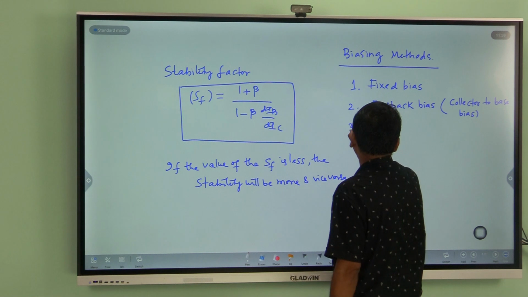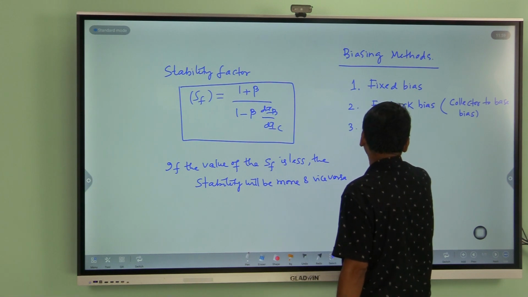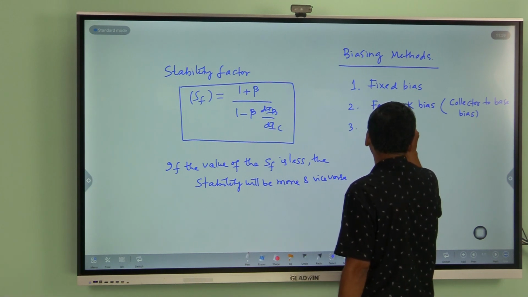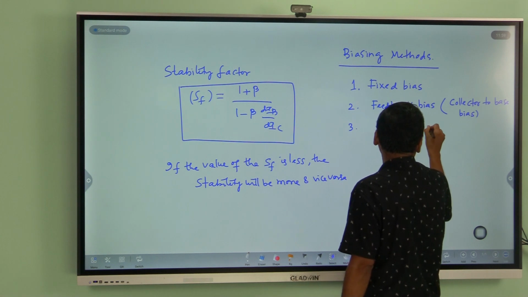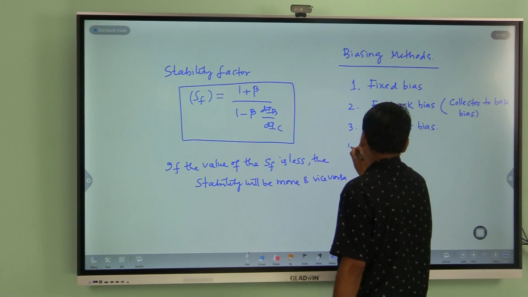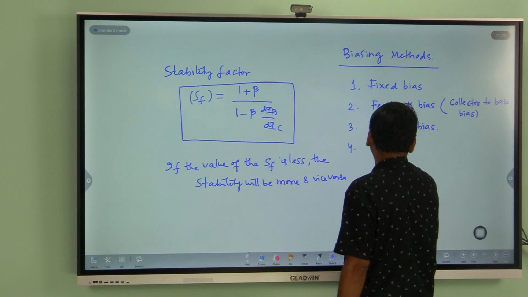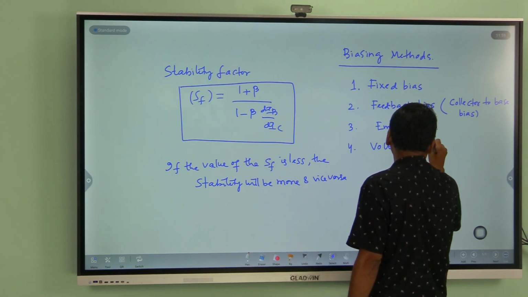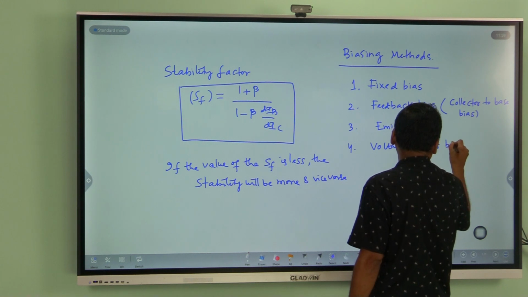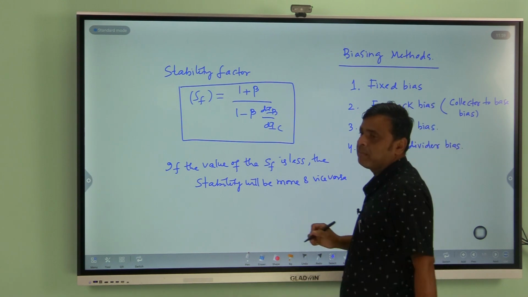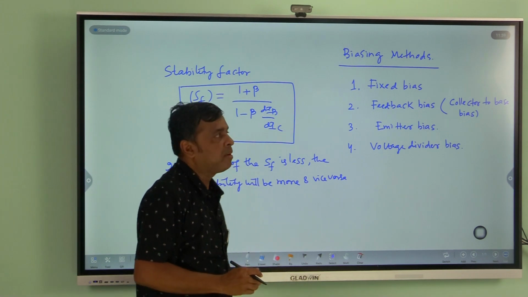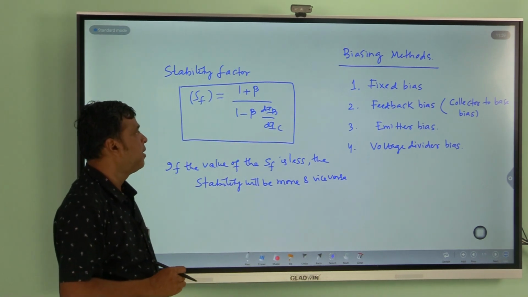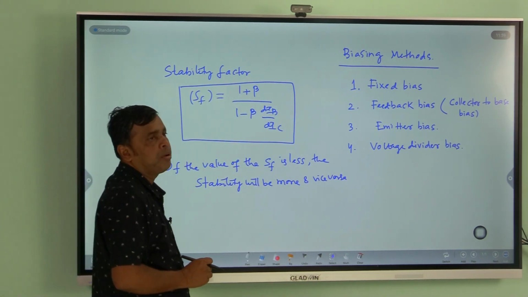Third one is your emitter bias or self bias, and fourth one is your voltage divider bias. There are 4 biasing methods as far as transistor biasing is concerned: fixed bias, feedback bias, emitter bias and voltage divider bias.